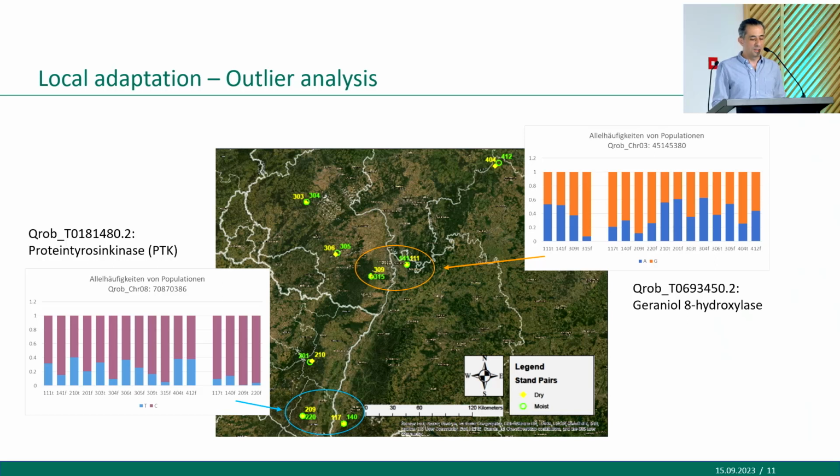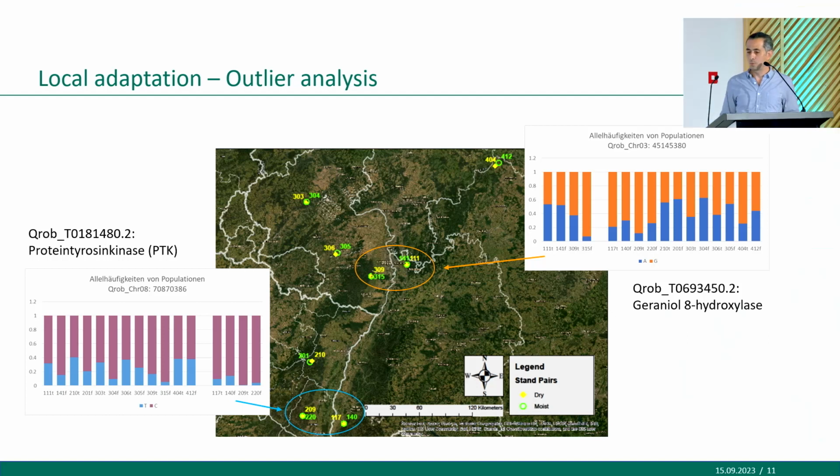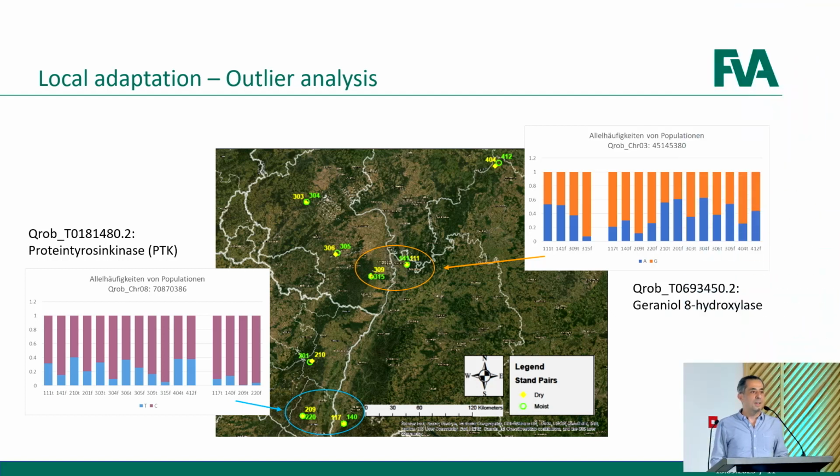This protein tyrosine kinase, PTK, plays a role in abiotic stress. It's an important part of the signaling pathway leading to stomatal closure. And we can see an almost consistent pattern of one allele being a bit more frequent on the relict site and less frequent on the relatively humid site, which is, however, inverted in two cases.